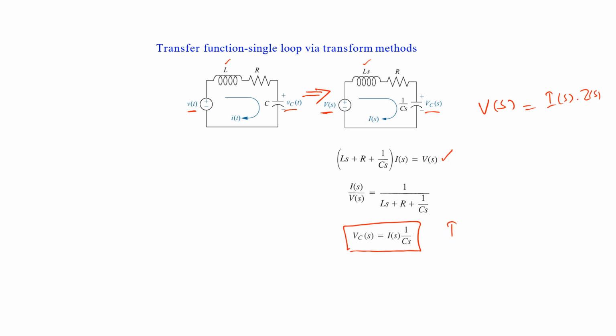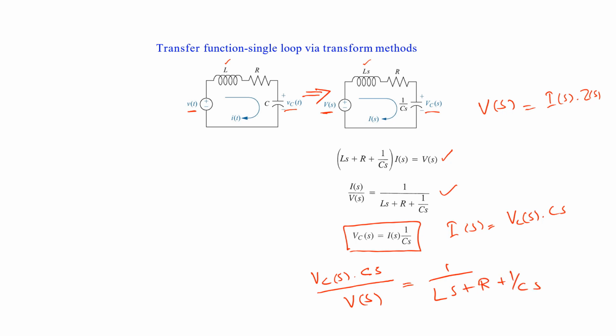So from here we can find I of s, which will be just Vc of s into C s, and if we apply this I of s in this equation, we can see that Vc of s divided by V of s will be equal to 1 over C s divided by Ls plus R plus 1 over C s.